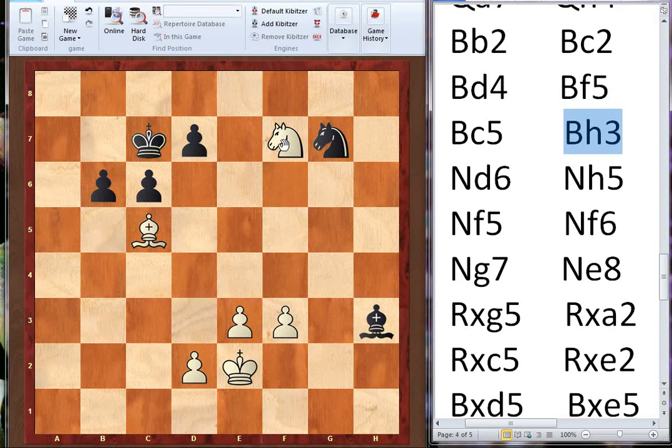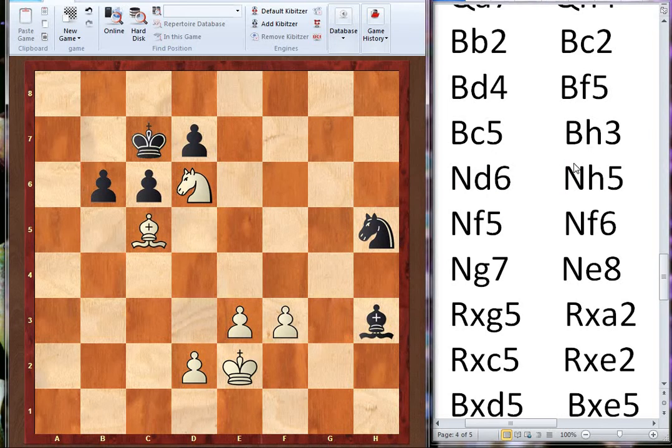Now let's shift to knight. What is the sign of knight? Capital N. So this knight moves here. How will we write? Capital N d6. This knight moves here. Capital N h5.